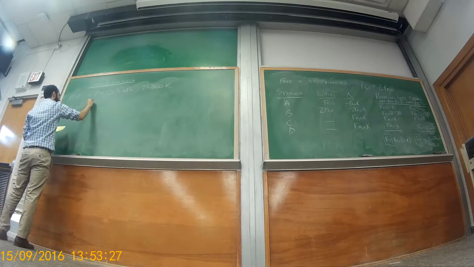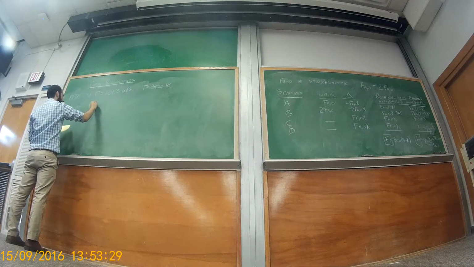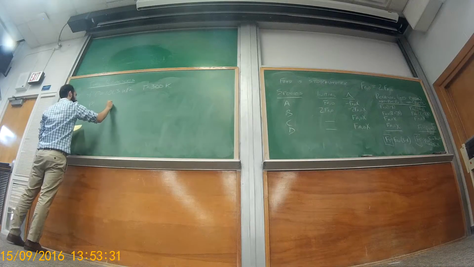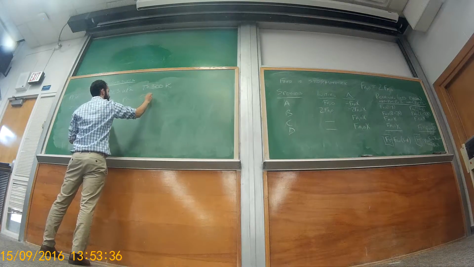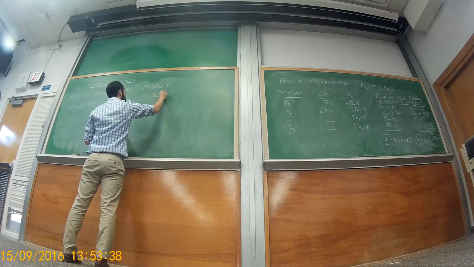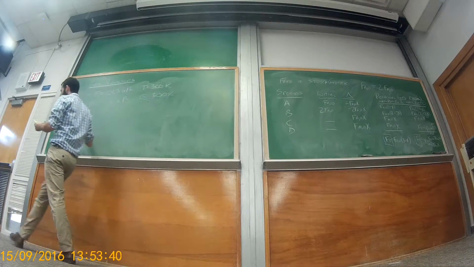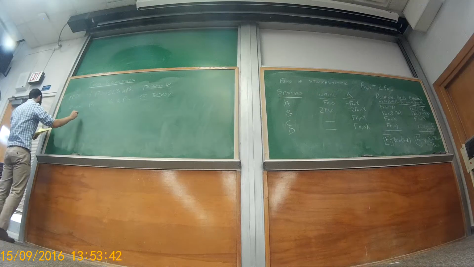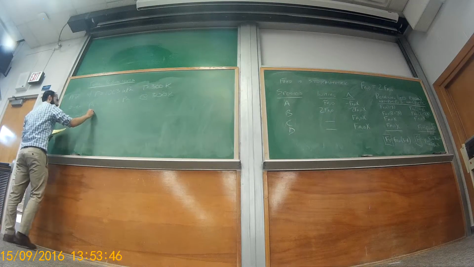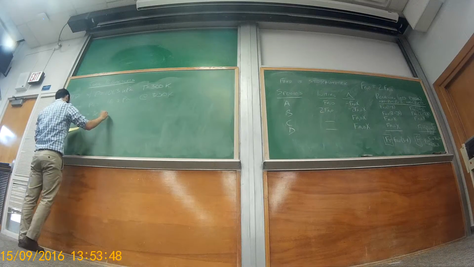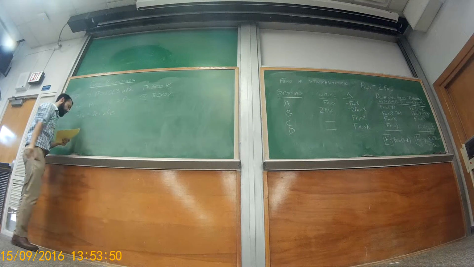Given some more stuff. Given that the vapor pressure of D is equal to 16 kilopascals at 300 Kelvin, you don't have to worry about changing the temperature. And given that the rate equation is that.